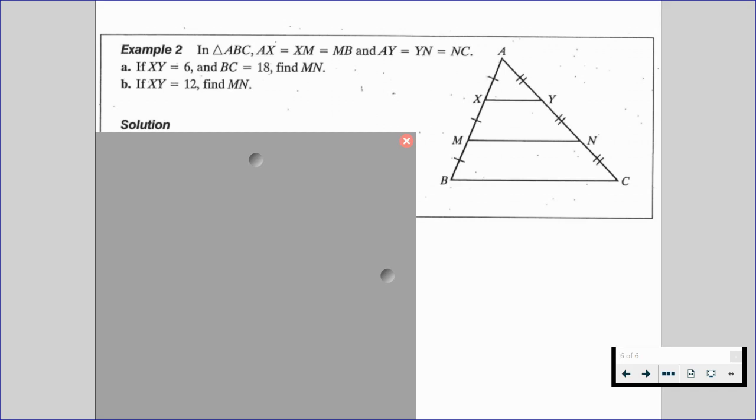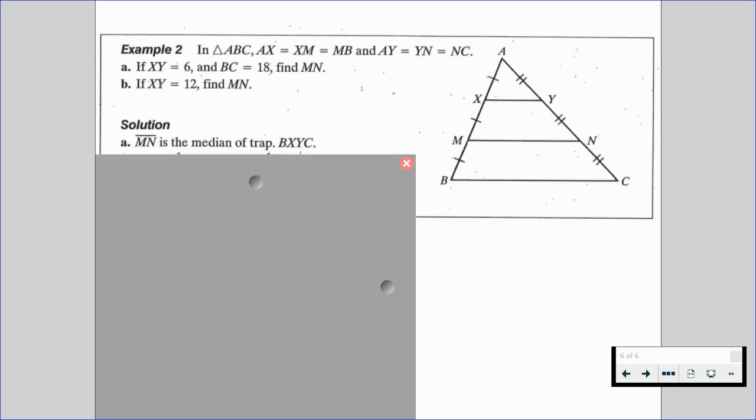And then for part B, if the length of XY is 12 this time, we want to find the length of MN. Well, as we scroll down to our solution, we know that the segment MN is the median of trapezoid BXYC. So trapezoid BXYC is provided.